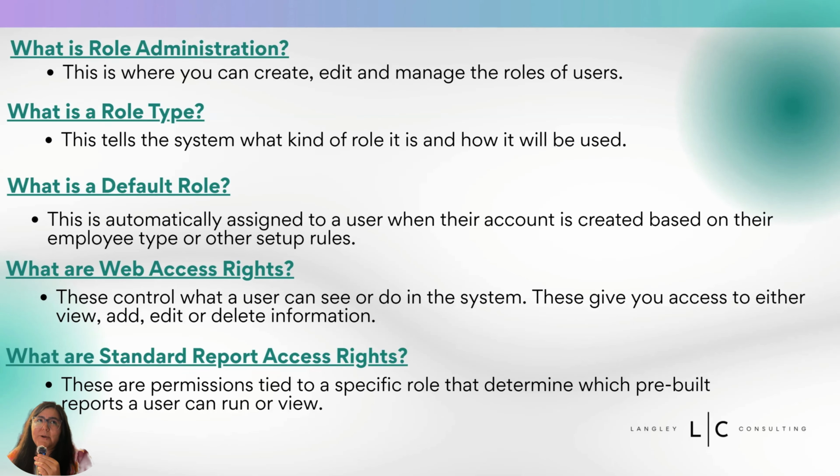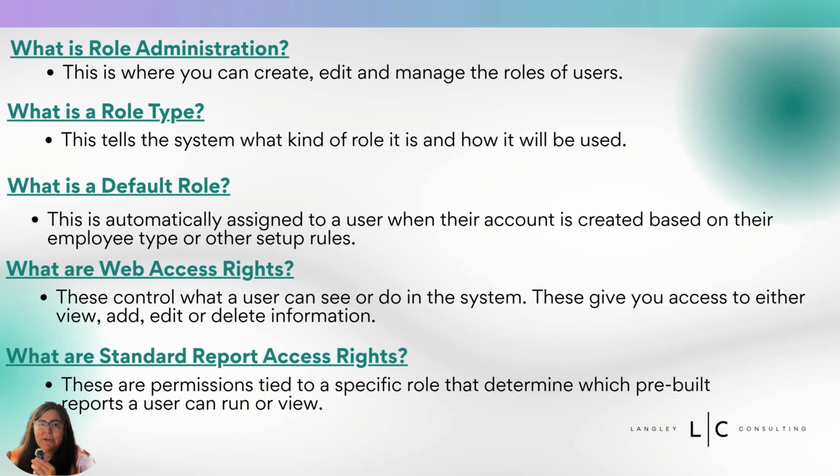And then we have something called web access rights. And web access rights, you want to think about this as like the funneled items out of you selecting role type. Role type, whatever you select there, will funnel down to web access rights and permit you to select certain boxes if you have access to them. Otherwise, you may not see everything there.